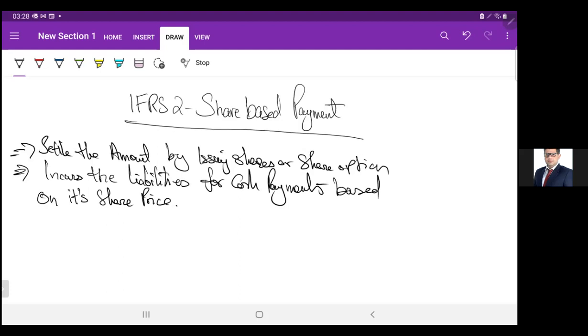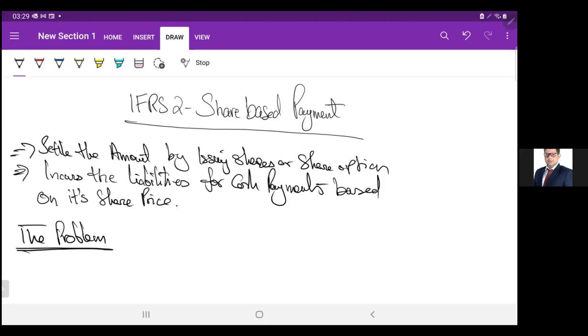Now let us look at the problem before the introduction of IFRS 2. So the problem was, number one, if a company pays for goods or services in cash, an expense is recognized in the profit or loss, but if a company pays for goods or services in share options, there is no cash flow and therefore under traditional accounting, no expense would be recognized, right?